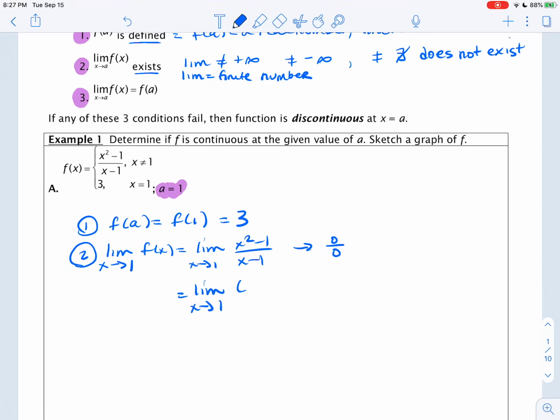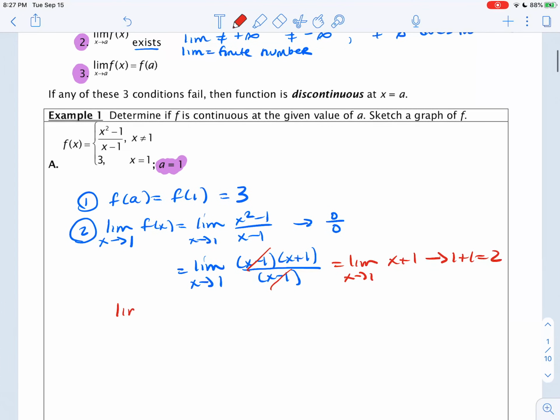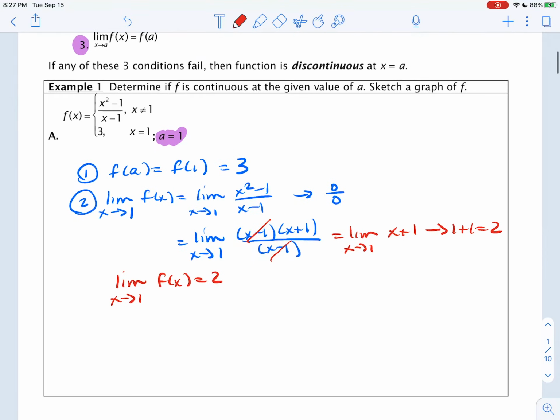So we learn to manipulate, and we factor the numerator, we factor the denominator, and we cancel the factor of x minus 1 because we know that 1 is a zero, and we end up with the limit as x approaches 1 of x plus 1, and we begin our limit calculation again, and that's going to go to 1 plus 1, which is 2. So we have determined that the limit as x approaches 1 of f of x is actually equal to 2.